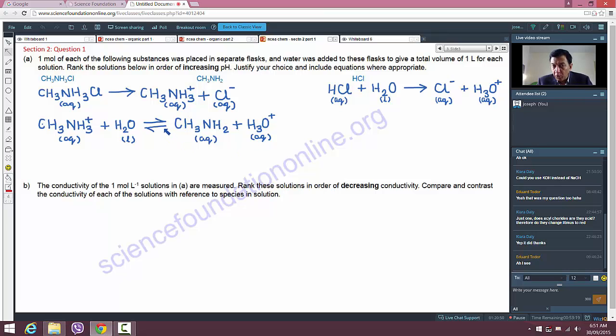That's an equilibrium though, because it is only a weakly acidic species. It's a weak H+ giver, in contrast to HCl, which is a very strong acid because it's an extremely strong H+ giver. That's this one here, because the quaternary ammonium salt CH3NH3Cl dissolves to ionize into these 2 ions, and then it undergoes this hydrolysis reaction.